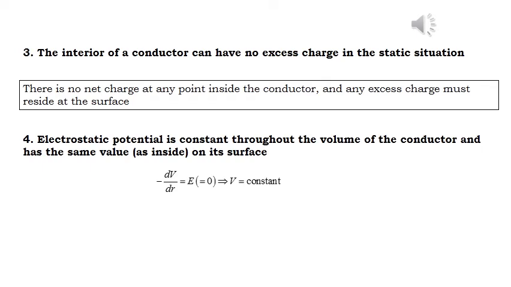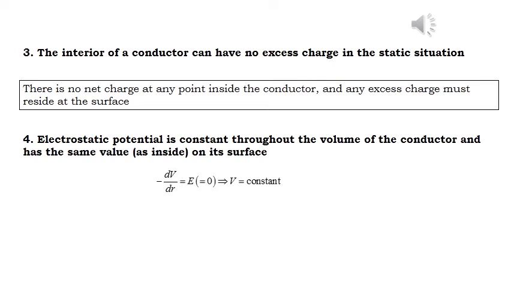In any conductor, the interior of a conductor can have no excess charge in the static situation. Static situation means in the absence of any external electric field, the total charge on the conductor resides only on the surface, not inside the conductor.